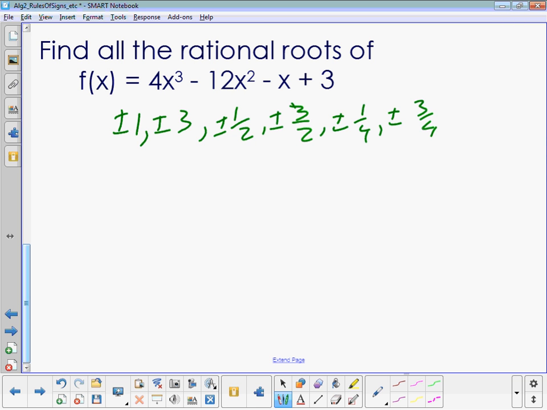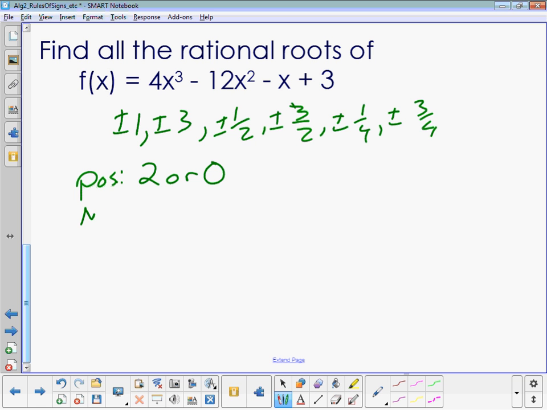So then the next thing, rule of signs changes. Well, I've got a 4x cubed, so for the positive real roots, I've got a positive 4x cubed to a negative, so there's one sign change, then a negative to a negative, that's not a sign change, then a negative to a positive. So I have 2 or 0 positive real roots.